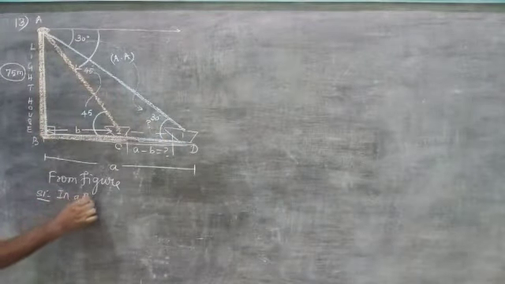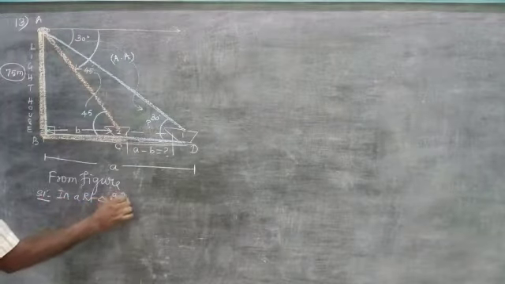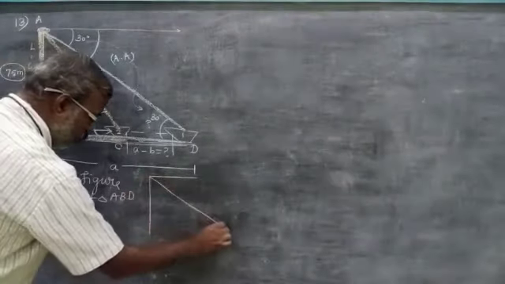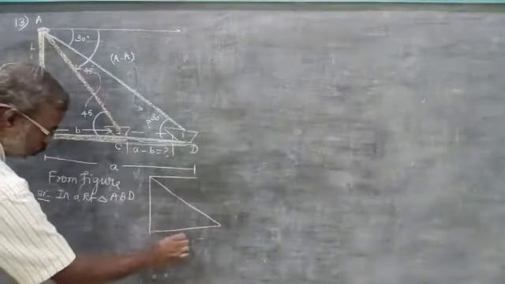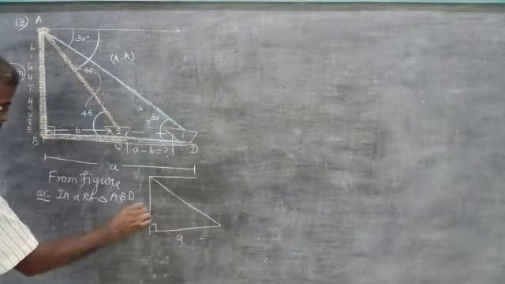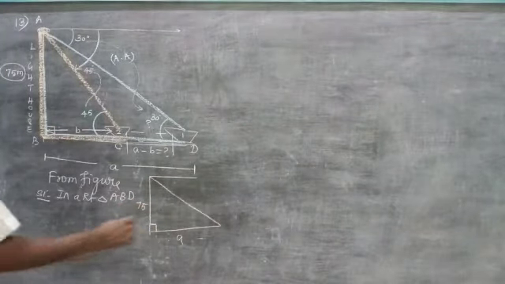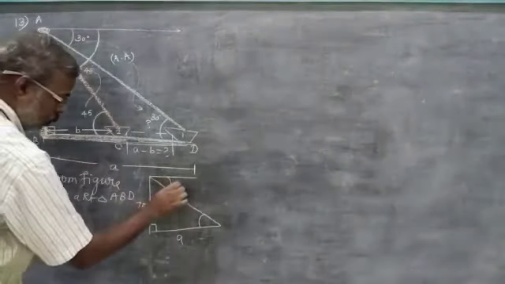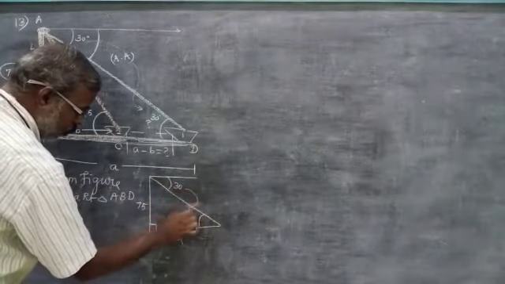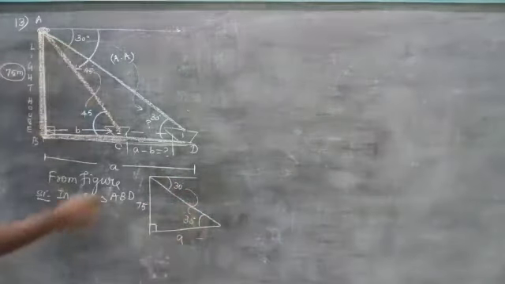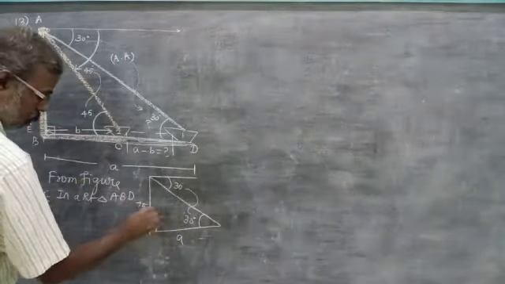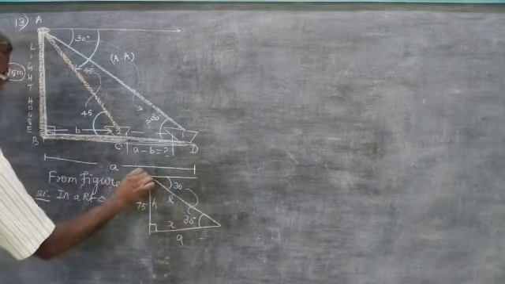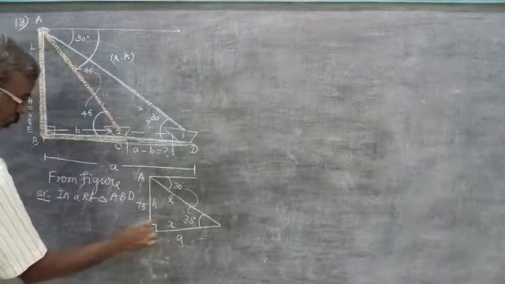The diagram you can draw like this. This distance is A, this is 90 degrees, this is the 75-meter lighthouse, and the angle of depression is 30 degrees. Here it comes as 30 degrees also because of alternate angles. The height is given and we want to find A, so we put the letters H, X and L.